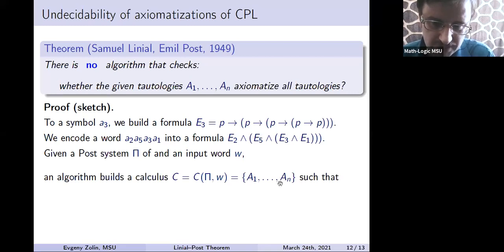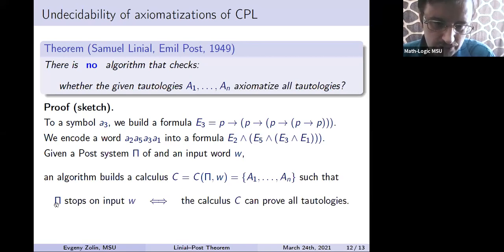And this calculus will have the following property. If our system pi stops or halts on W, so this happens if and only if from our calculus we can prove all tautologies.